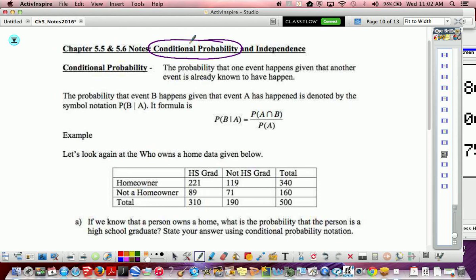So we'll ask you to calculate this probability if you know this particular fact has happened. You're going to find the probability that one event happens given that another event is already known to happen. You know that something else has occurred, and with that information, does that change your probability?